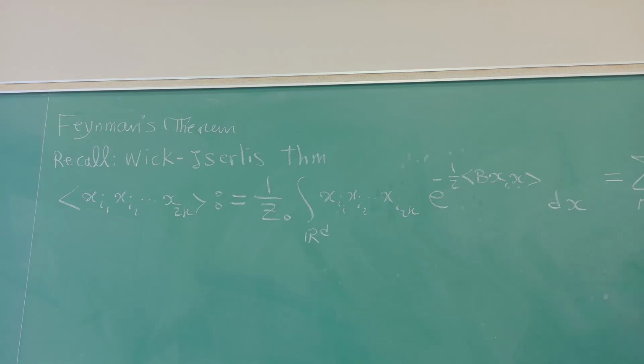So these are these 2-point functions. Okay, so this is over a particular pairing, which is like ij, belonging to pi.